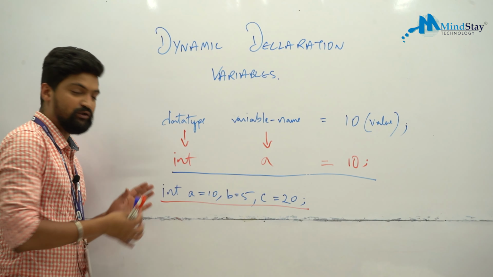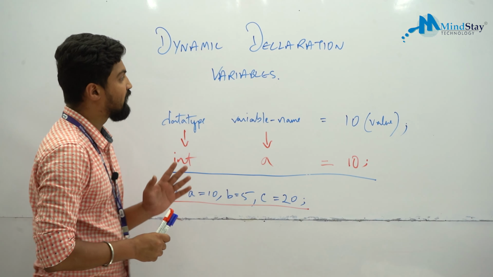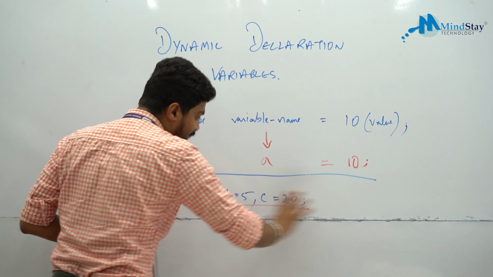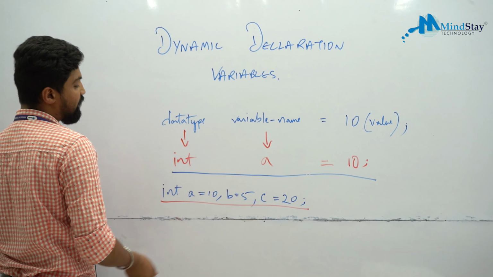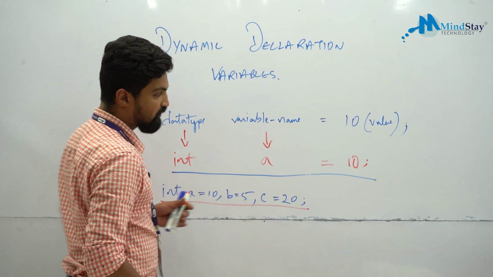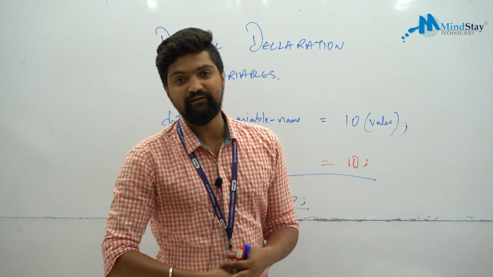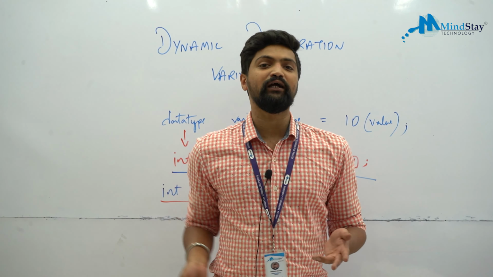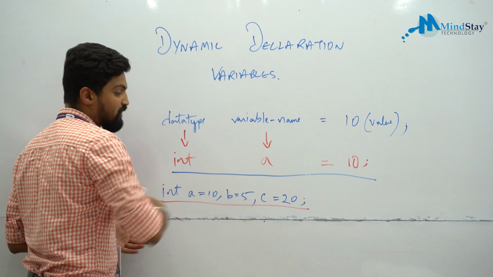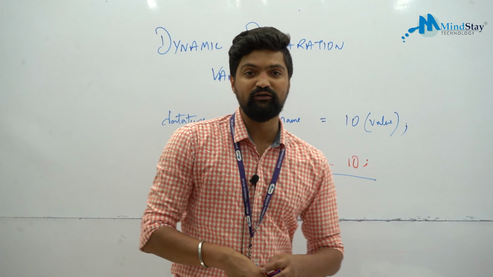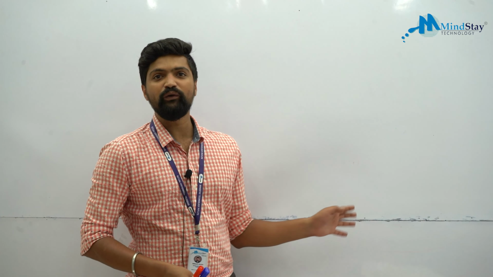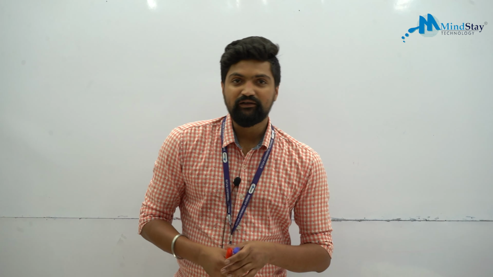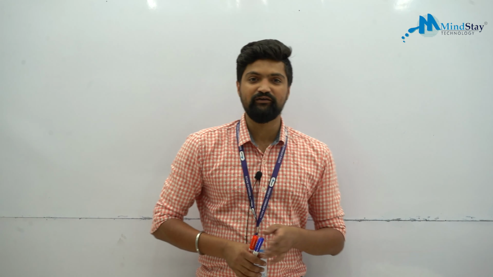These are the features of dynamic declaration of a variable. You can declare your variables dynamically, and you can assign them values. Different data types you can write in different lines and assign them with multiple values as much as you want, and you can declare as many variables as you want. So this is how we did the dynamic declaration of our variables, right?